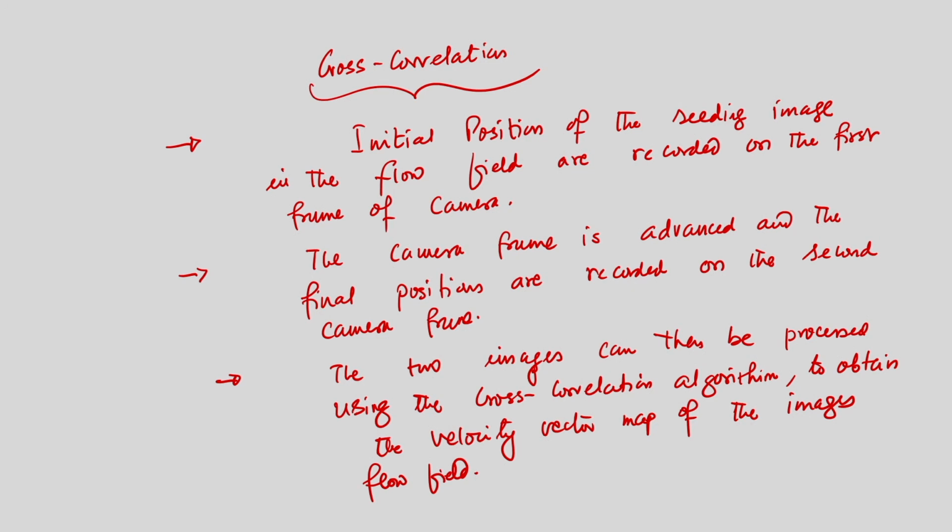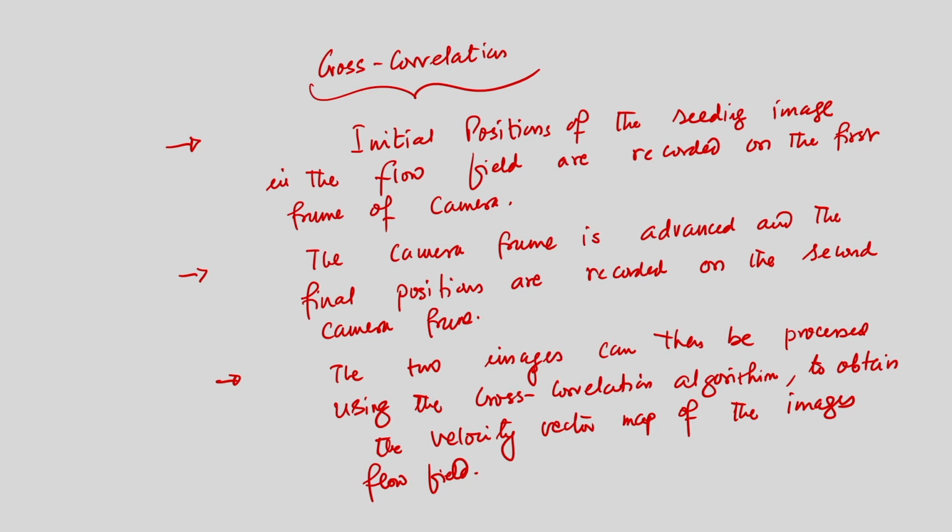So, what is done in PIV? Initial positions of the seeding image in the flow field are recorded on the first frame of the camera.